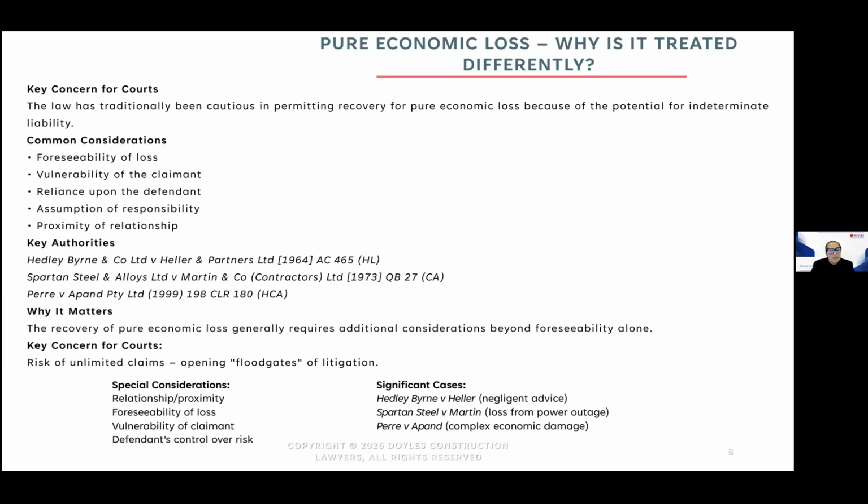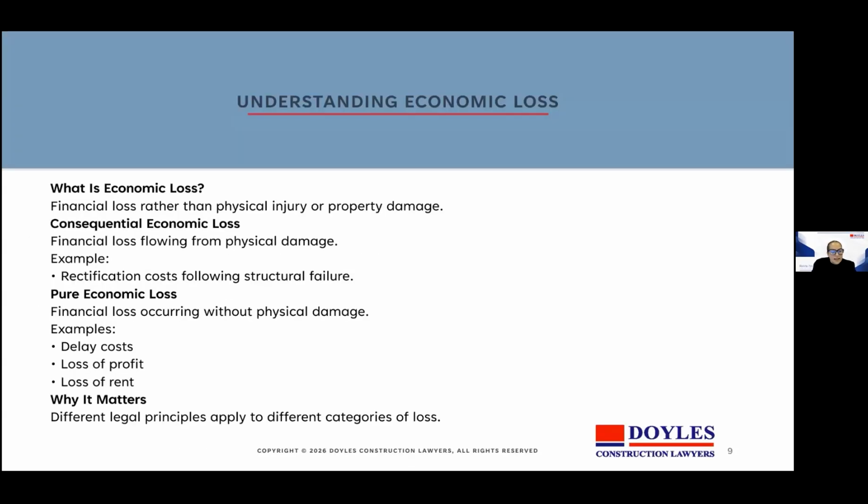In other words, exposing defendants to an unlimited number of claims from an unlimited number of people. For this reason, courts often look beyond simple foreseeability and examine factors such as vulnerability, reliance, and assumption of responsibility. Understanding economic loss. So what is it?